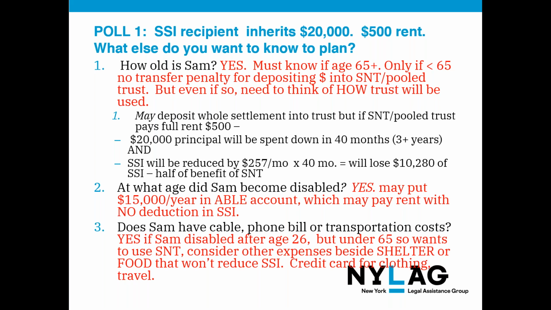It's the lesser of the actual payment or 1/3 of the federal benefit rate, which is $257. So Sam will lose over $10,000 in SSI by having the trust pay $20,000 of rent. So you're really dissipating like half the benefit of this inheritance. So you want to explore other options.